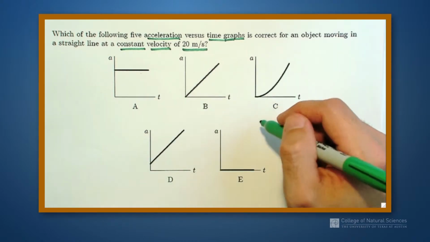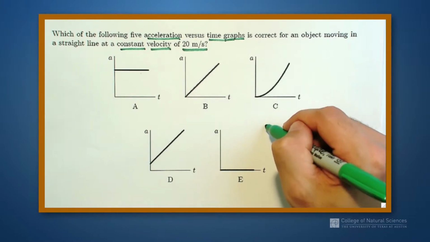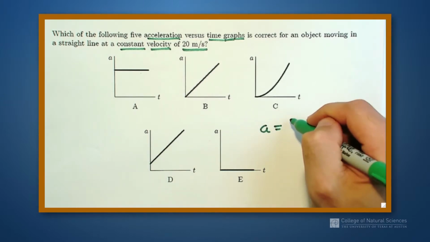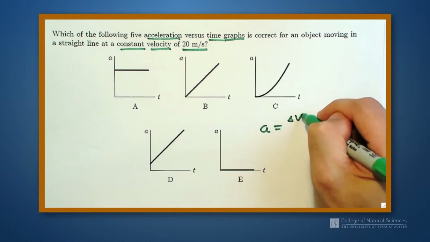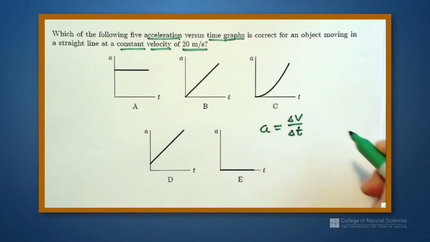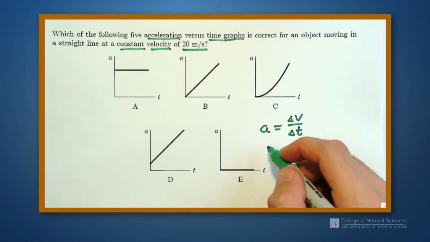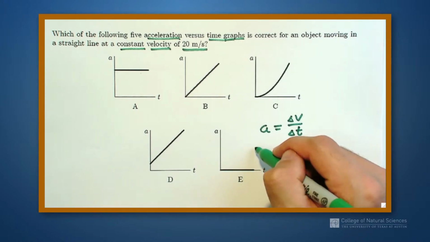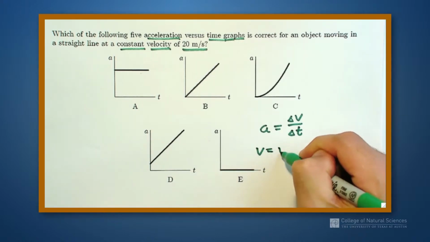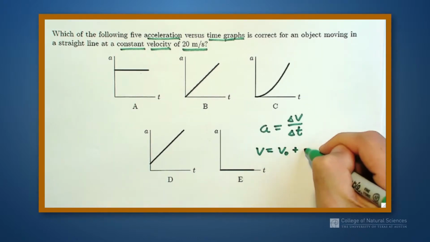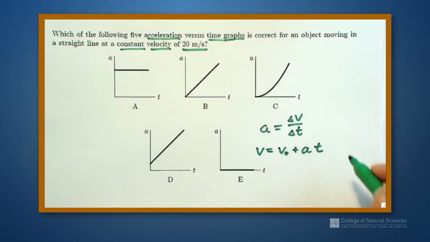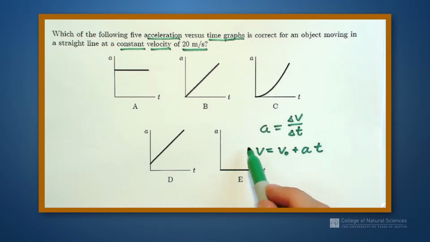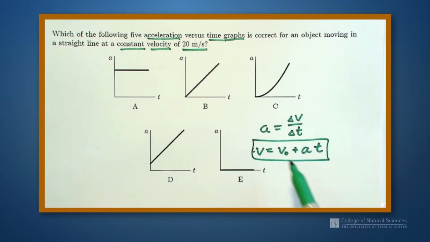So we know that the acceleration is equal to the change of velocity over change of time. Or thinking of this in another way, using one of the other kinematic equations, the velocity is equal to the initial velocity plus the acceleration times time. And this second equation is going to tell us how to solve this problem.